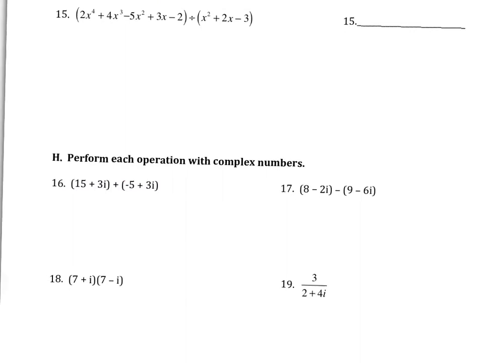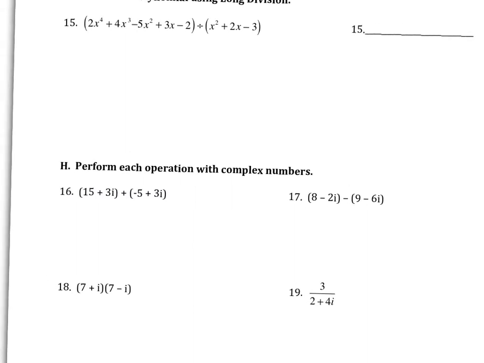So x squared plus 2x minus 3 is going to go on the outside, and 2x to the 4th plus 4x cubed minus 5x squared plus 3x minus 2 is going to go on the inside. So the first question I want to ask myself is, what do I need to multiply x squared by to get 2x to the 4th? And that would be a 2x squared.